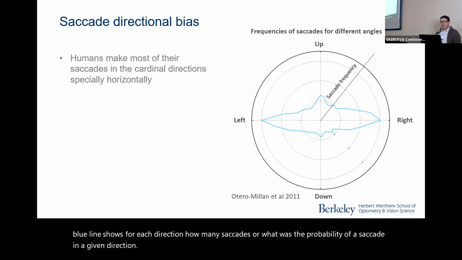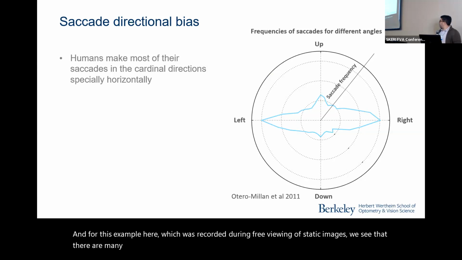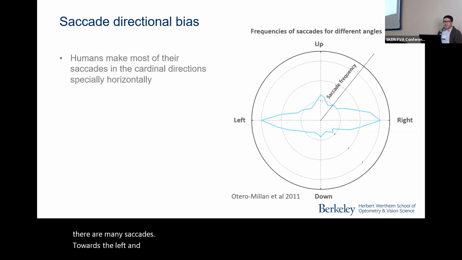And for this example here, which was recorded during free viewing of static images, we see that there are many saccades towards the left and the right. There are quite a few going up, a little less going down, and even less in oblique 45-degree approximately directions.